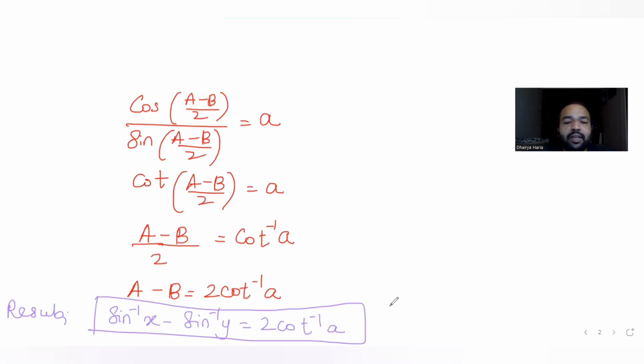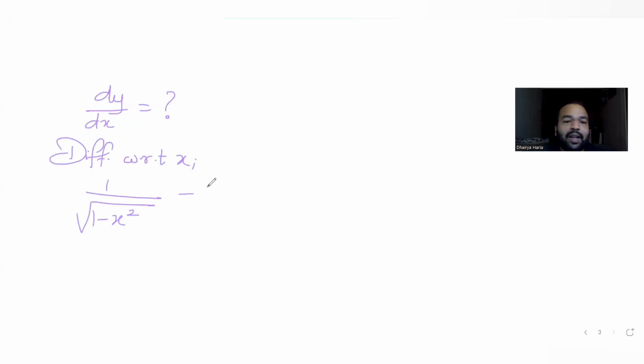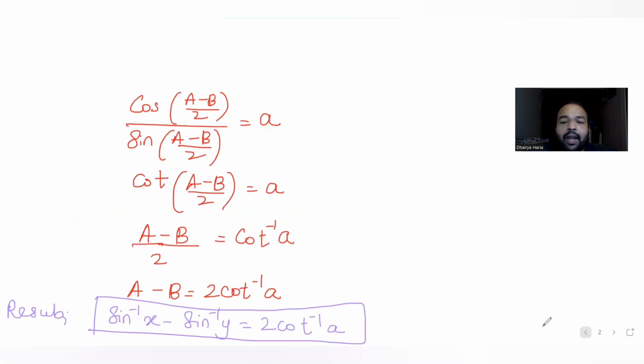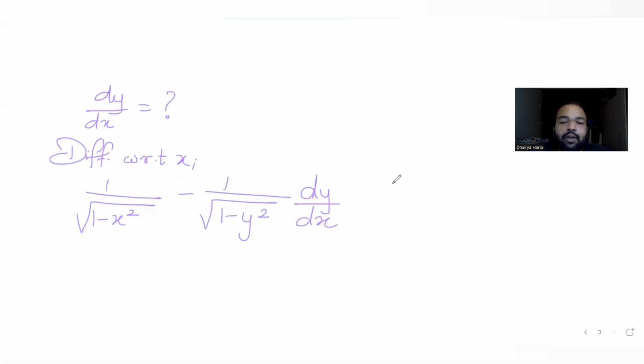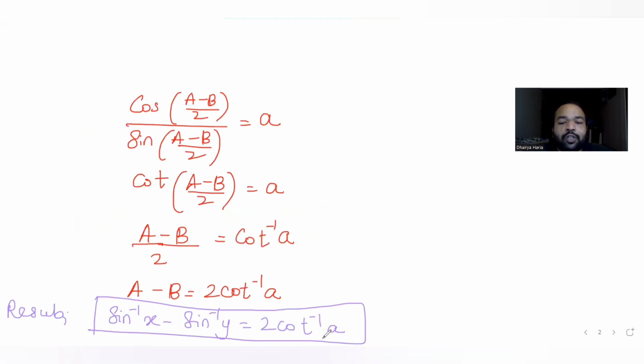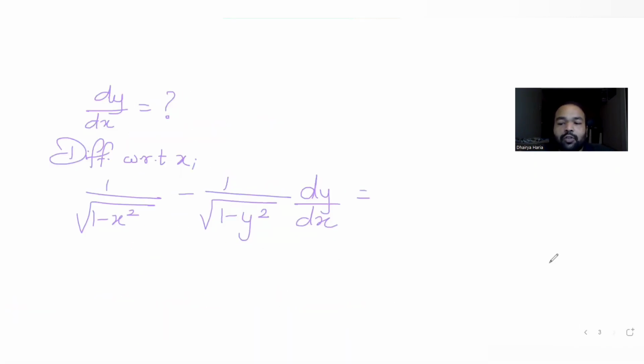The derivative of sine inverse y is 1 upon root of 1 minus y square into dy by dx, because I'm differentiating with respect to x. And it is equal to 2 times cot inverse of a, which is a constant term, and the derivative of a constant term is always 0.